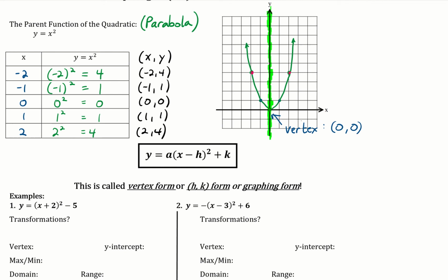The axis of symmetry is always going to be found using the equation x equals h, and the h is coming from the fact that the vertex is h comma k. All right, we'll talk about some other things as we go through here, but for now, let's take a look at some of these graphs.